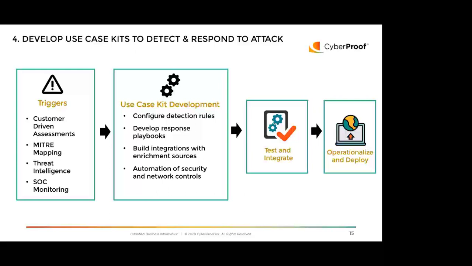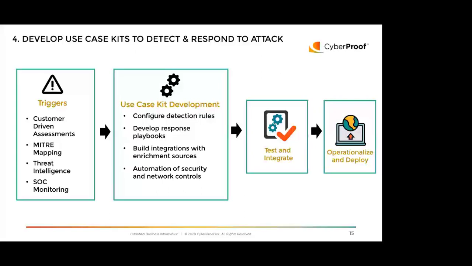Similarly, automation and orchestration of security controls within the environment to speed the response. All of this, again, intended to ensure that my actual response is within that response window. And the input into the factory is one of four things.